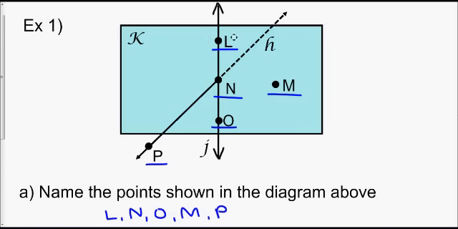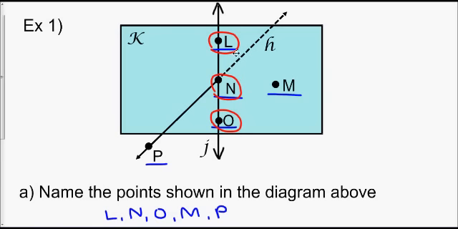This first one here, I see L and N and O are all on that first line. And I could use any combination of those two to name the line. So for instance, I could say this is line LN. I could also say it's NL, doesn't matter which direction.